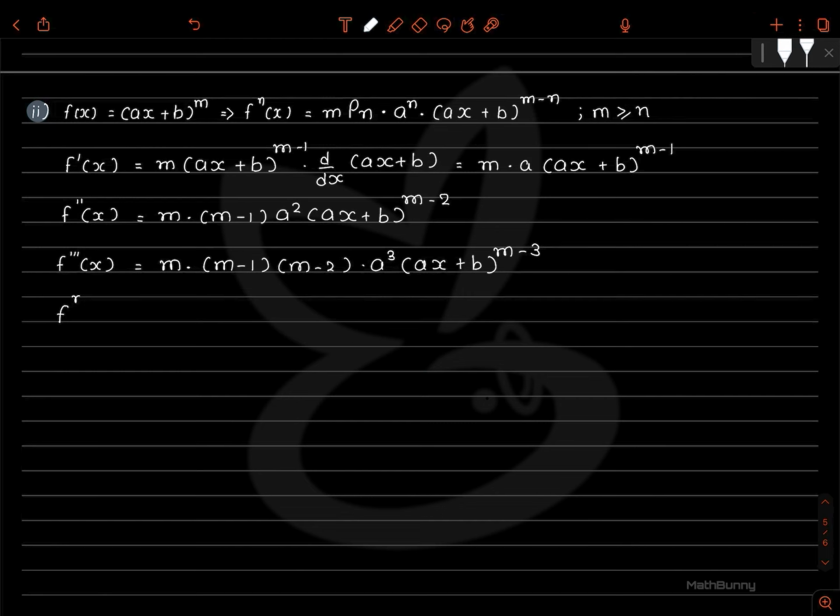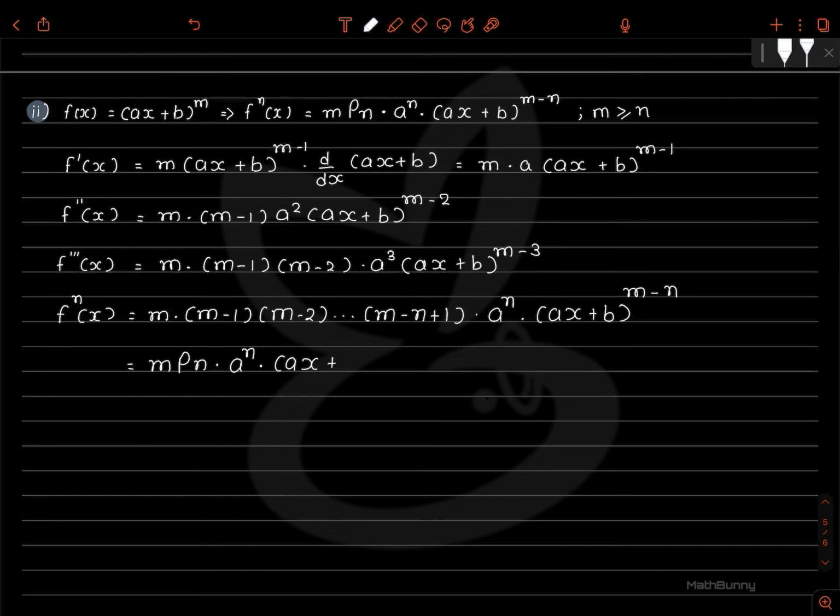The nth derivative of this particular function would be m into m minus 1 into m minus 2 up to m minus n plus 1 into a raised to n into (ax plus b) raised to m minus n, and this would be equal to mPn into a raised to n into (ax plus b) raised to m minus n. The nth derivative would be this.